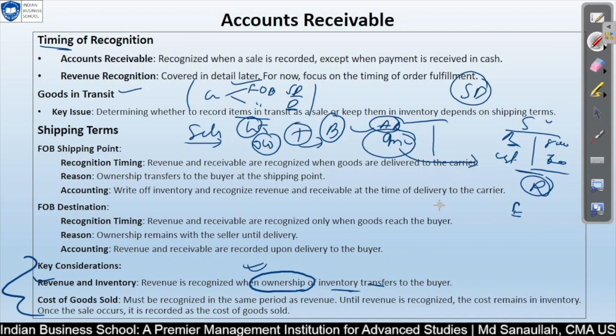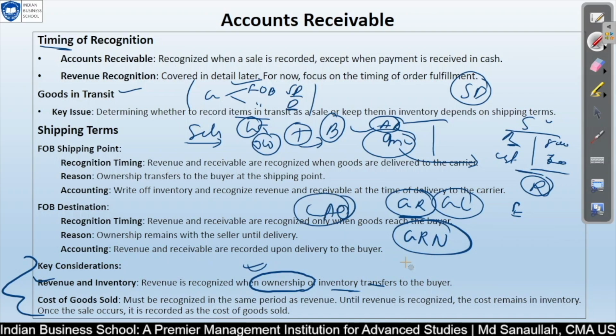For that, companies sometimes use a goods received related GL. Different companies use different names, but ultimately there is a goods received GL, sometimes called GRN. These GLs are available in all companies to maintain this kind of activity. Based on the chart of accounts, a company may have different GLs according to its different requirements.